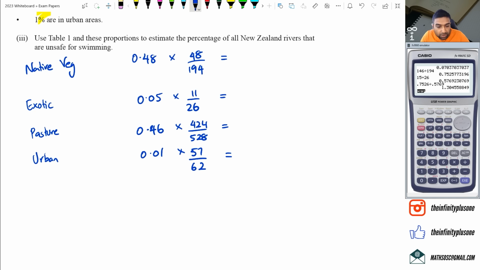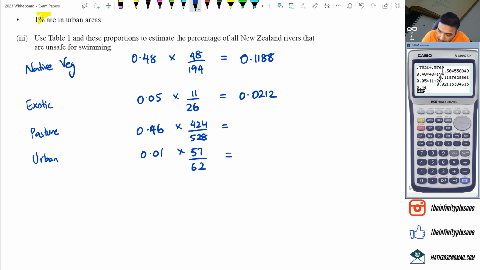So now I've got to work out all of these probabilities. First I'm going to do 0.48 multiplied by 48 divided by 194. That's going to give me 0.1188. Then I've got 0.05 times 11 out of 26, which gives me 0.0212.